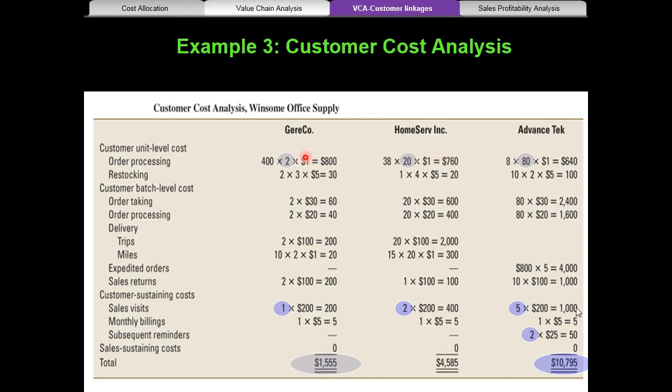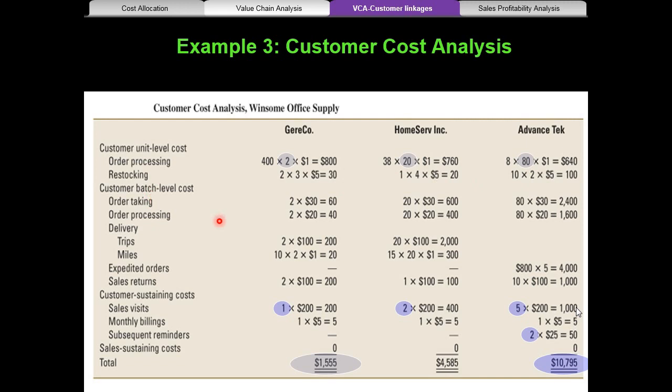So what we're doing is we've got our resources consumed by Jerry Company, Home Service, and Advanced Tech multiplied by our cost rate, $1 per order processing here per unit. And then we've got restocking fees, how many times they've been restocked, and the restocking fee is $5 each time.